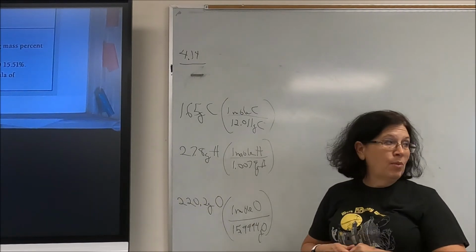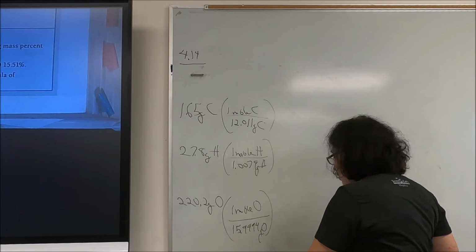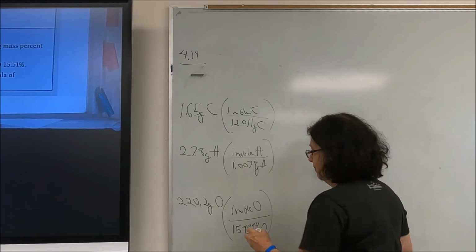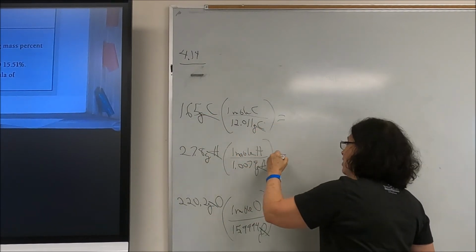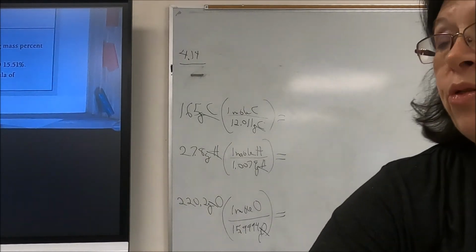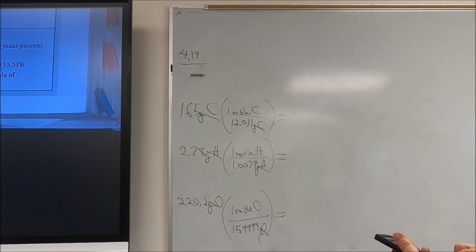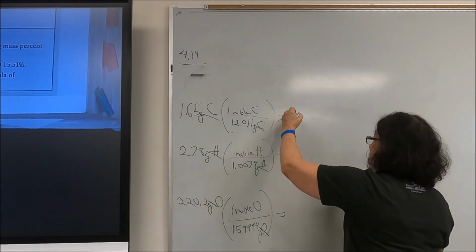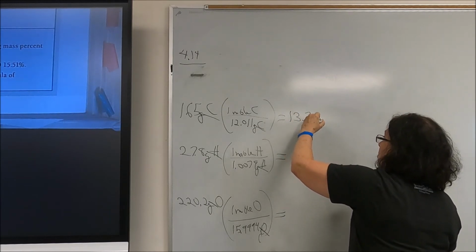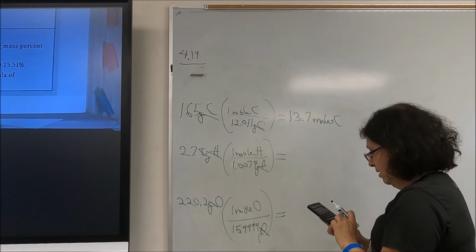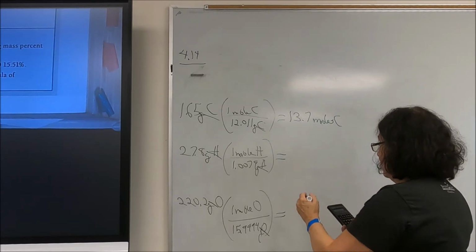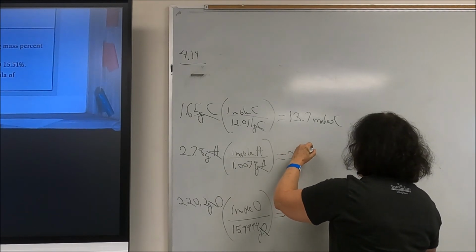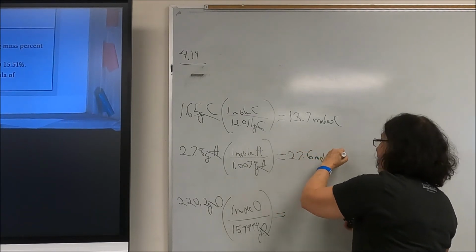Now guys, don't panic. I don't expect you to have those memorized, but I have been doing this for a few years, so they've stuck. Notice that grams of each element divide out in this process. Let's pop through the numbers. 165 divided by 12.011 gives me 13.7 moles of carbon. 27.8 divided by 1.0079 gives me 27.6 moles of hydrogen.